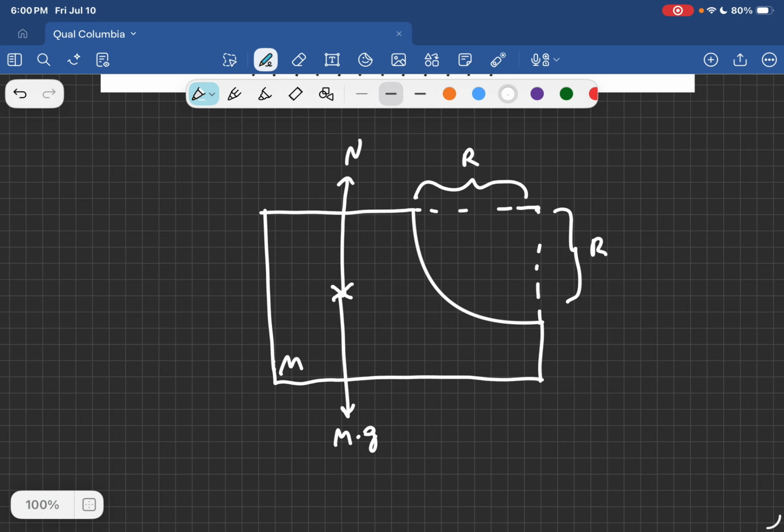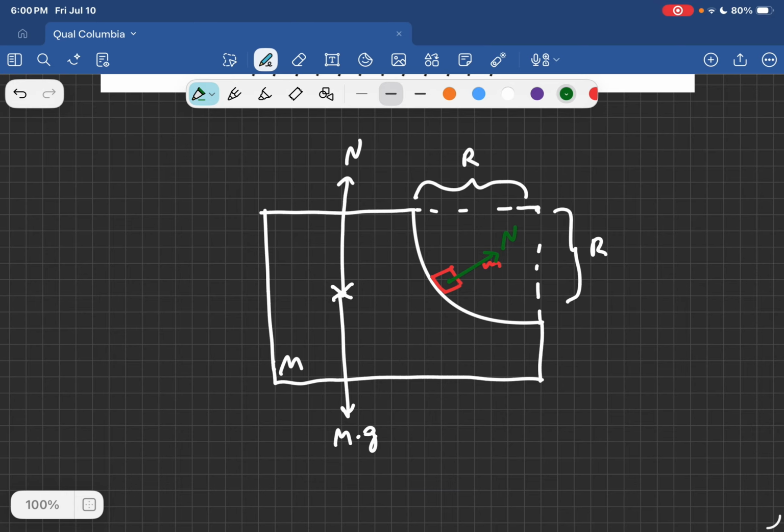But there is another block. I'm going to draw it in a random position. So this is the smaller block, m. What kind of forces are exerted on that? There is the reaction force from the circular surface, N, but then the lowercase mass m also pushes, I think this is the correct way to treat it.